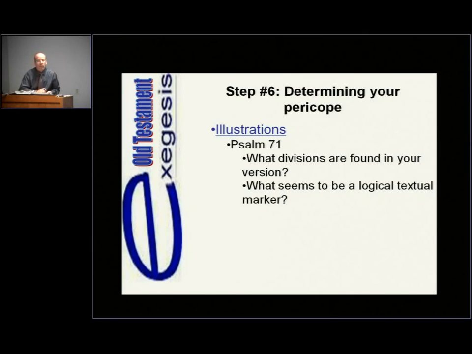Now, what you're going to find is verses 2 and 3 is focusing on his judgment. Verses 4 and 5 is going to talk about his vindication of the afflicted. Verses 6 and 7 are going to talk about what a blessing he should be to the people.